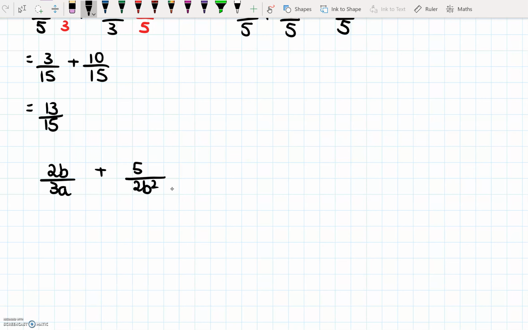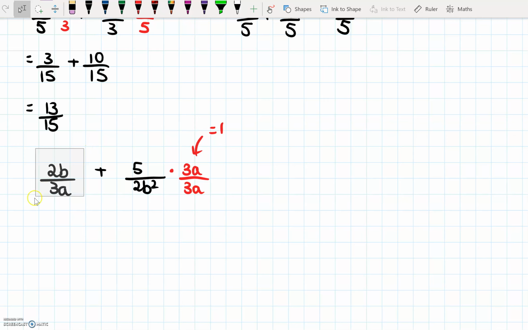There's nothing in common at all. So we're going to use the same method we used before, which is choose the opposite denominator and multiply by that. For the first fraction, the denominator is 3a, so we look at the other one. We're going to multiply the top by 3a and the bottom by 3a. And remember, that is equal to 1. So we're multiplying by 1.